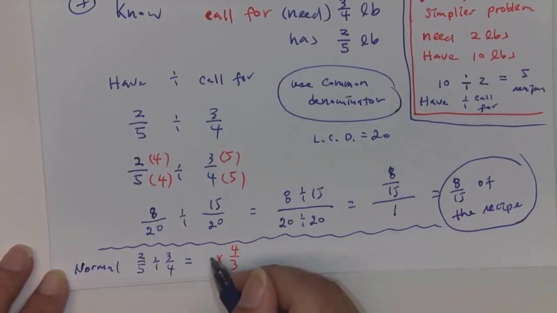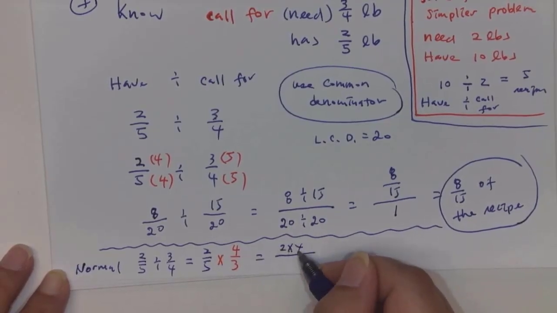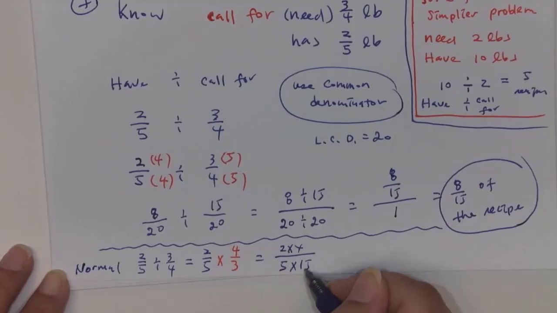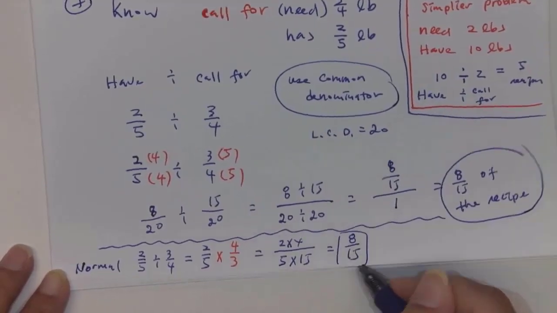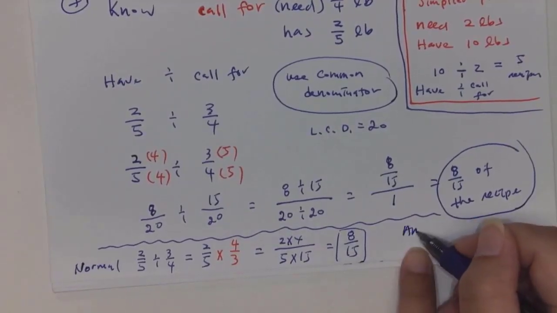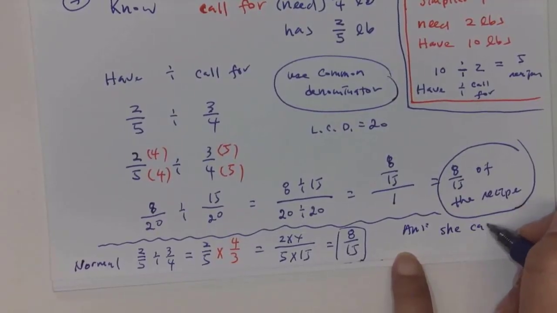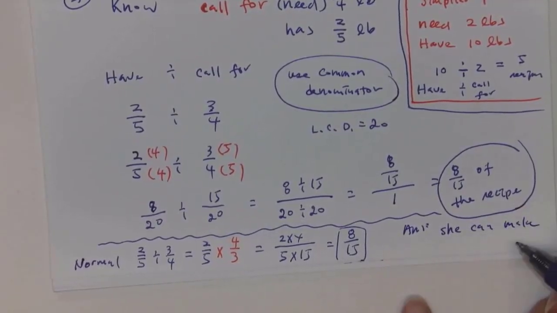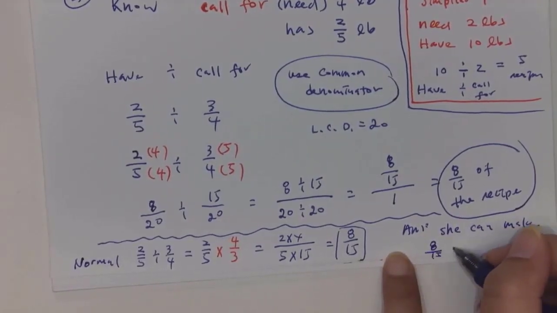So this is 2/5 here, and then top times top, bottom times bottom, and then we get 8 over 15, so it's the same answer, right? So the answer statement will say you can make, or she can make, 8/15 of the recipe.